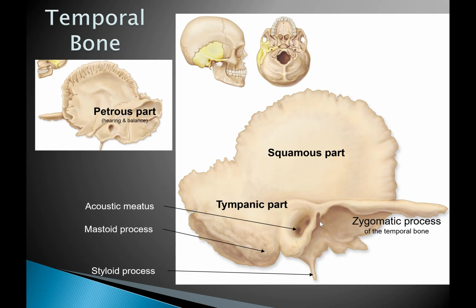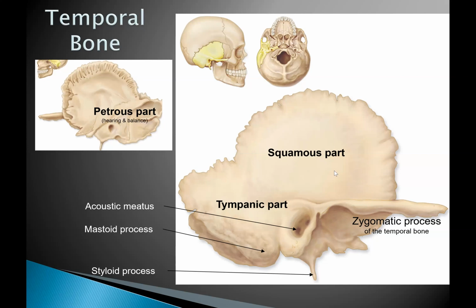I don't want you to be confused, because there is a separate zygomatic bone. This arm is known as the zygomatic process of the temporal bone.